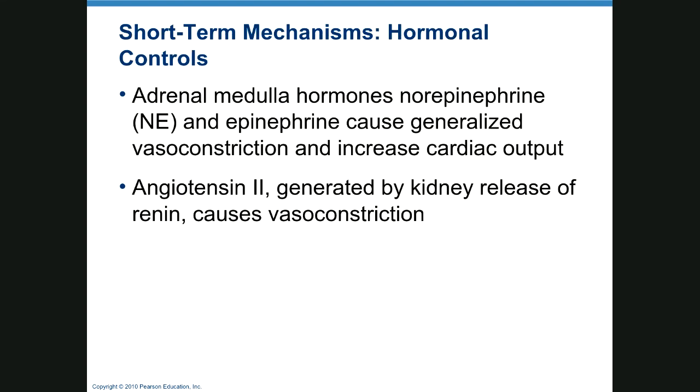Okay, hormonal controls. The adrenal medullary hormones, norepinephrine and epinephrine, are going to cause two things: a generalized vasoconstriction and increased cardiac output. Angiotensin 2, and we'll go through how that happens here in a minute, causes vasoconstriction.